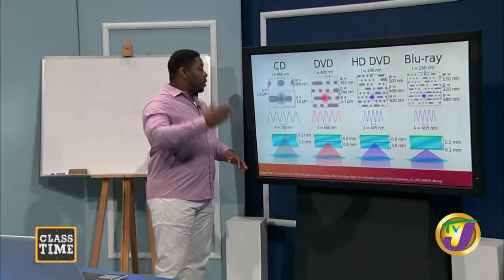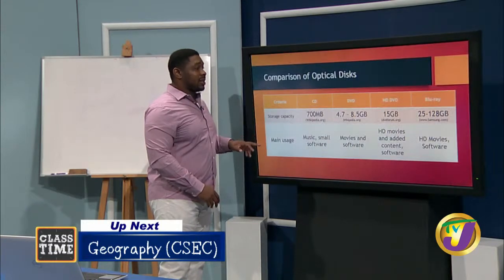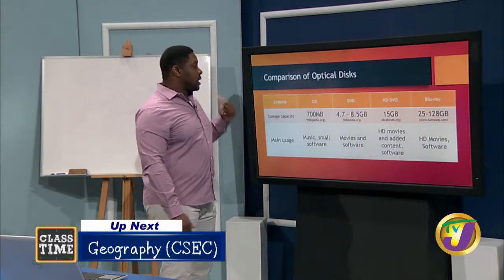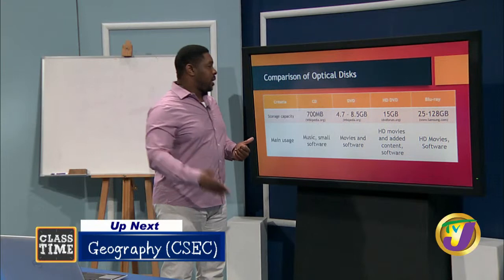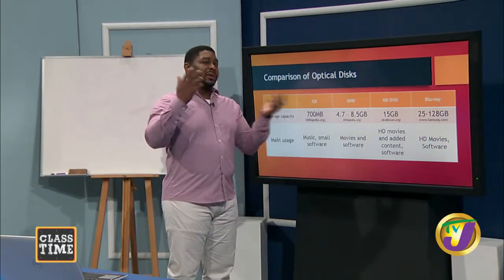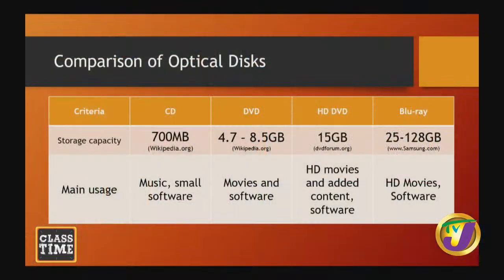And that, of course, accounts for the different sizes. For your CD, you go up to about 700 megs. Your DVD depends on the layer. Sometimes you have dual layers, etc. You will have about 4.7 to about 8.5 gigabytes of storage. And your HD DVD 15, and then your Blu-ray is like the monster of them all, up to 128 gigabytes.